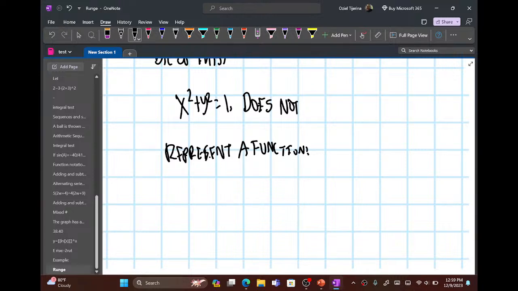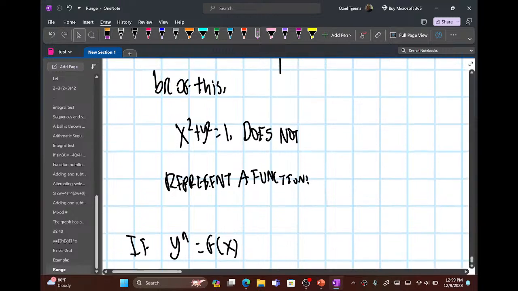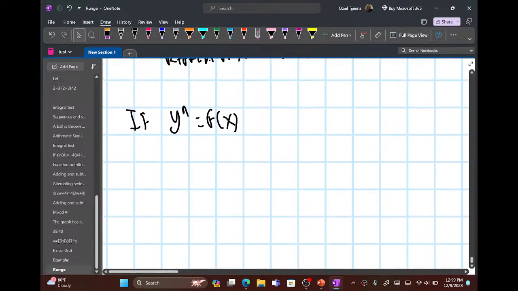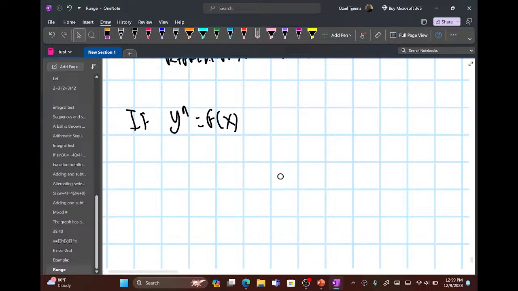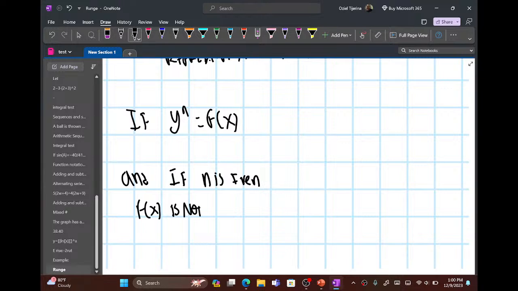I'm gonna state a theorem, guys. If y to the n equals f of x, where f is basically in terms of x, right? And if n is even, f of x is not a function.